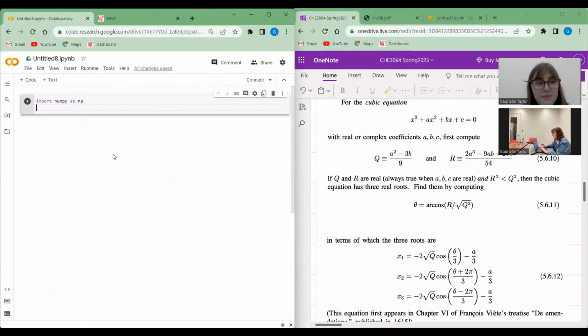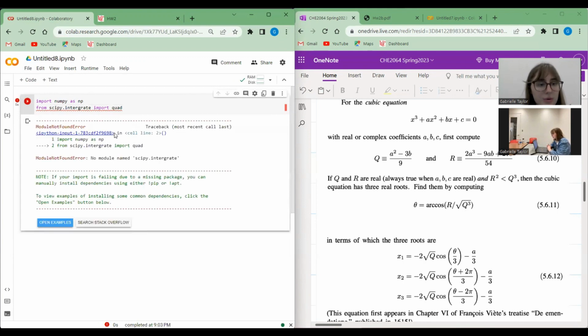And then for our next problem, we're going to need to import, from scipy.integrate, import quad. This is just going to help us calculate our Maxwell function. So this should be good. After we do our imports, then we can go on to calculating our cubic roots.